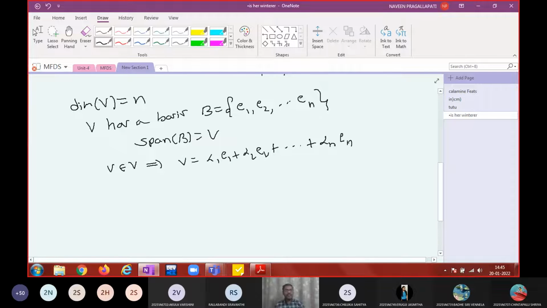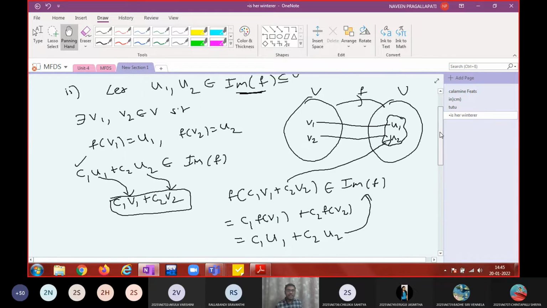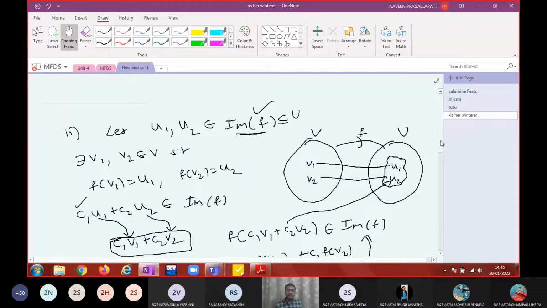Okay, you can always find coordinate vectors relative to the basis B, alpha 1, alpha 2, and so on, alpha n, so that it can be expressed as a linear combination. Now if this is the basis of V, we can show that its image vectors are going to span this image space.